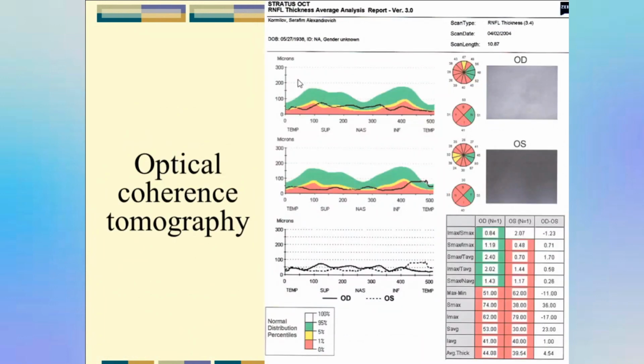Here on this picture, you see the thickness of the nervous fibers. Here you see that the thickness of the nervous fibers decreases. The thickness must be in the green area, and if we receive such a picture, we can suggest glaucoma.